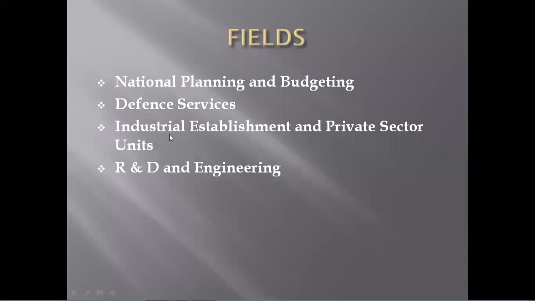Moving on to the next one, industrial establishments and private sector units. Industrial development means that by incorporating these operational research techniques, instead of manufacturing 10 different goods in half an hour, by implementing new technology we can manufacture these 10 different goods within 15 minutes.